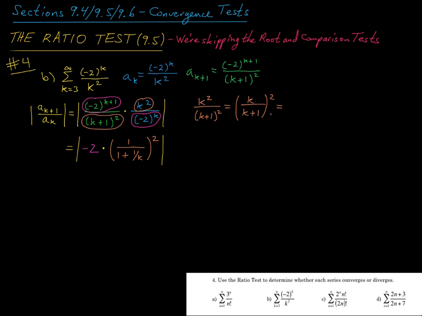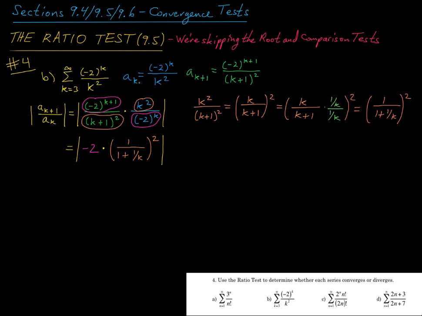And now thinking ahead, I know I'm going to have to take the limit of this expression as k approaches infinity, and since I have a k in the numerator and denominator, I'm going to divide the numerator and denominator by k. And so this is equal to 1 over 1 plus 1 over k quantity squared. And so that goes in right there.